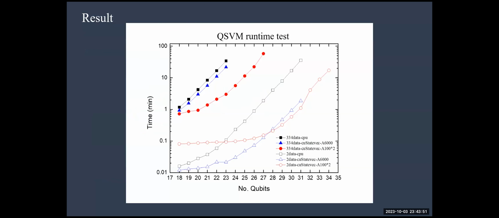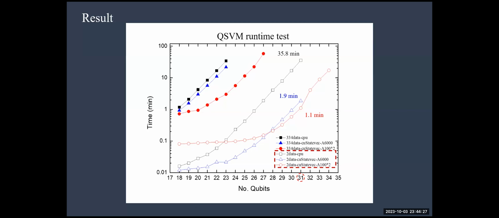Here is our result. The result is from the bootstrap vector. In the case of 31 qubits with 2 data points, the computation times for CPU, A6000 GPU and A800 GPU are 35.8, 1.9, and 1.1 minutes respectively.